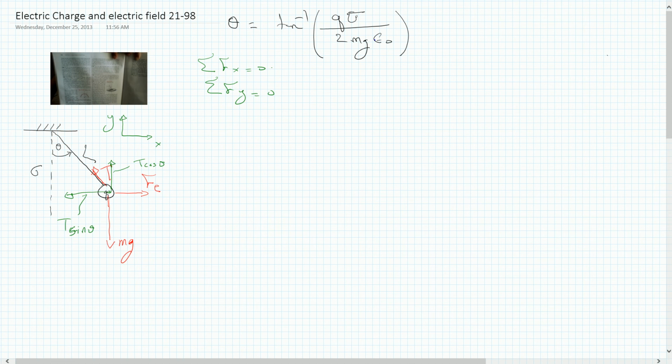And so the sum of the forces in the x would be, so this is 1 and this is 2.